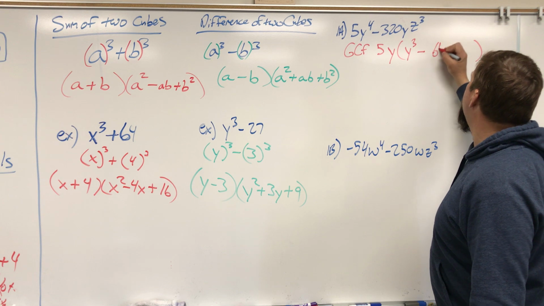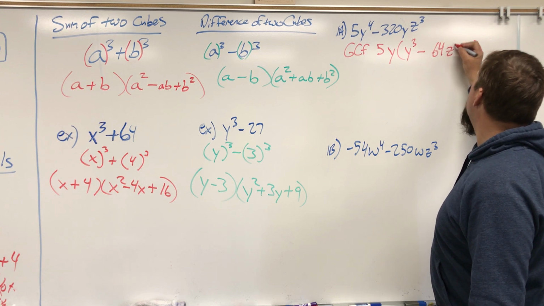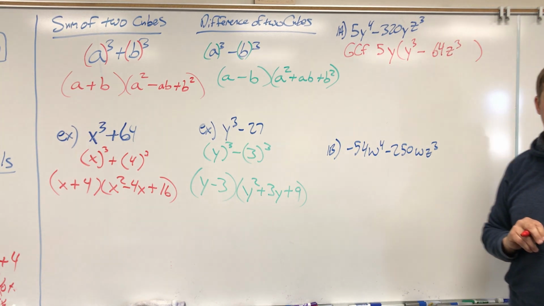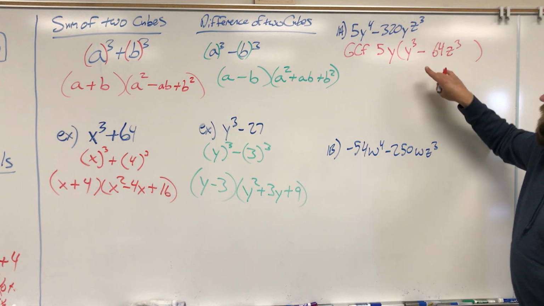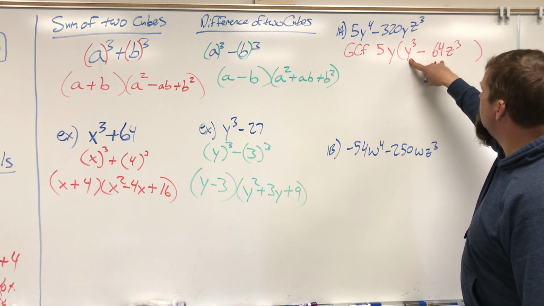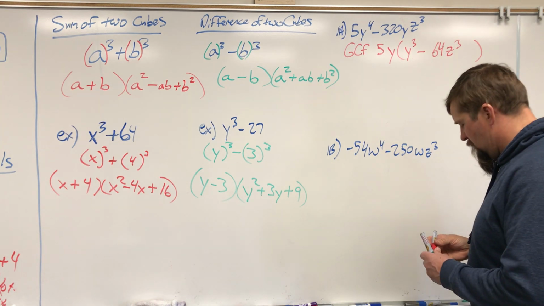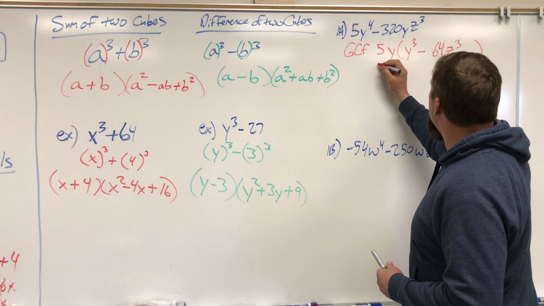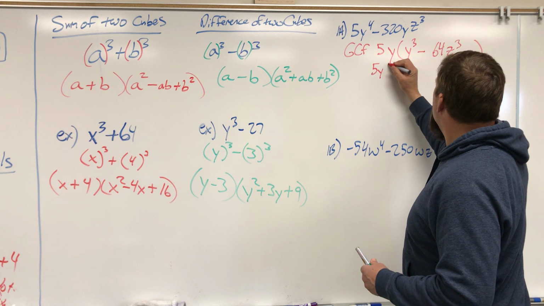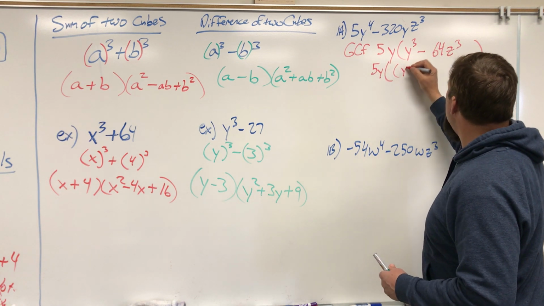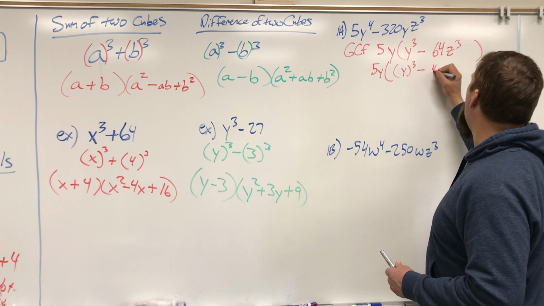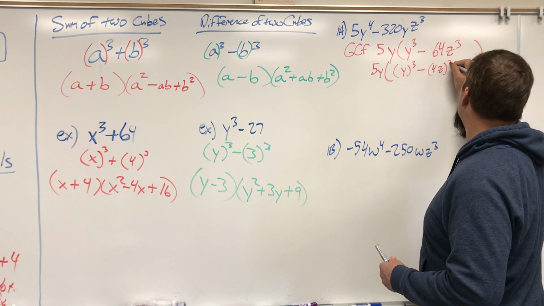That would be 64 z cubed. Now, this is a difference of two cubes. When you look at this, you've got 5y still. You have y being cubed minus 4z being cubed.